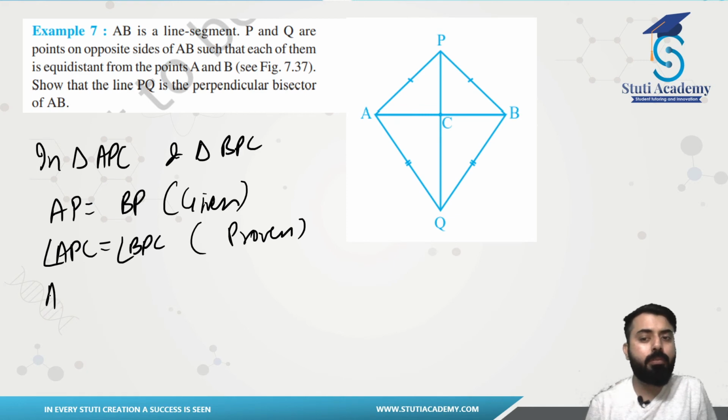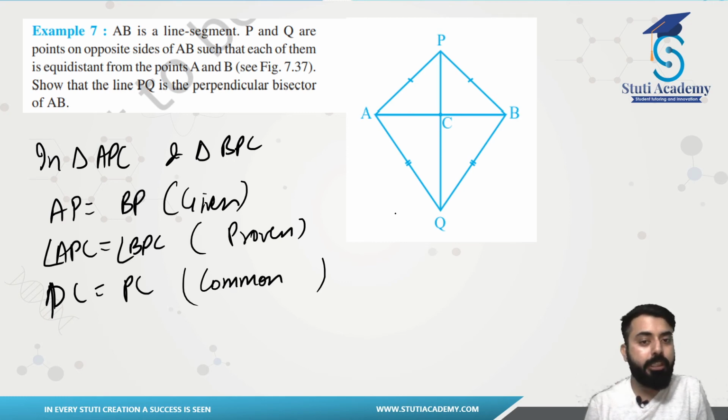And I know PC is equal to PC. That is common. If you wanted to take the bottom two triangles, then you would have proven them equal. You could have proved AQC is equal to BQC. That will be the same case. But in that case, you will be taking triangle AQC and BQC. So it does not matter which triangles you take. You can take either of those, but you have to make sure that you are taking them correctly.